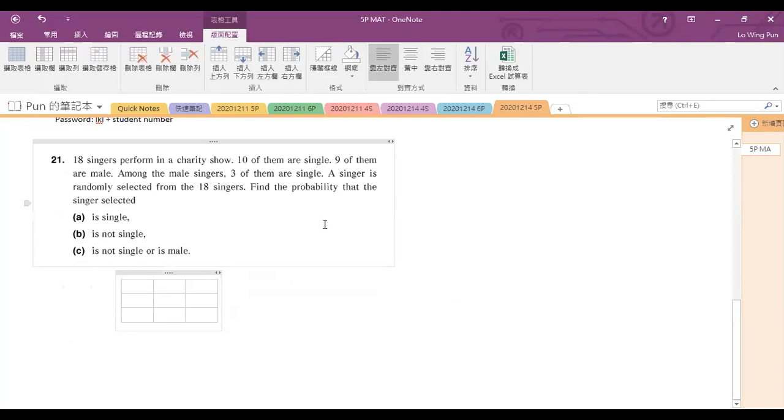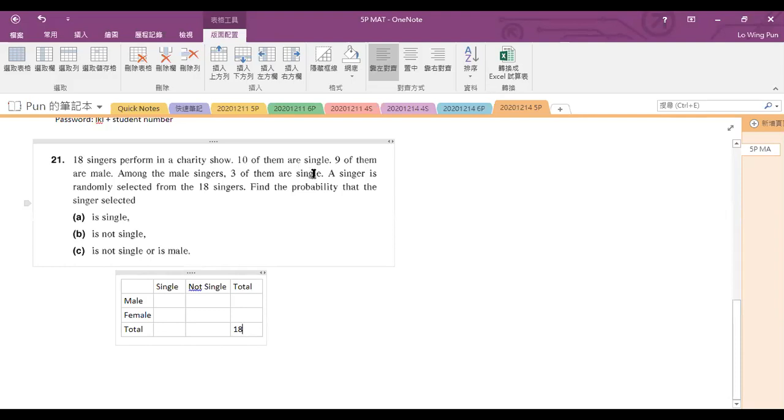So for these 18 singers, there are two methods of categorization. Among the 18 singers, some are single and some are not single. The other way of categorizing is male or female. Okay, then here I make the rows first, and here is the total, and here is also the total. Okay, sorry. So now the total is actually 18.